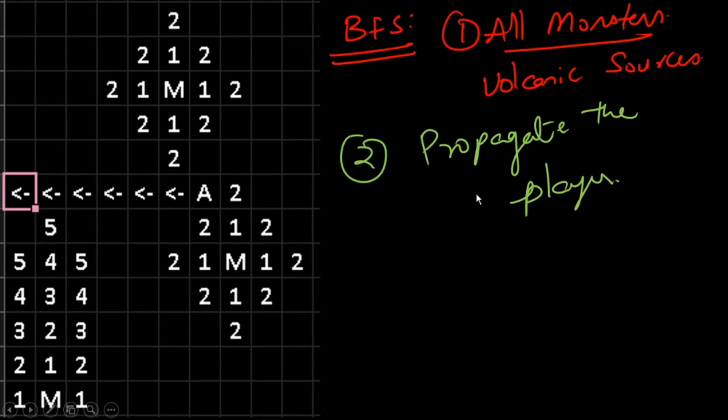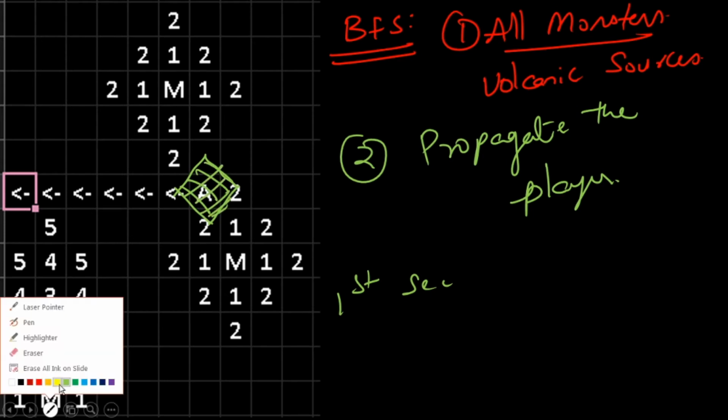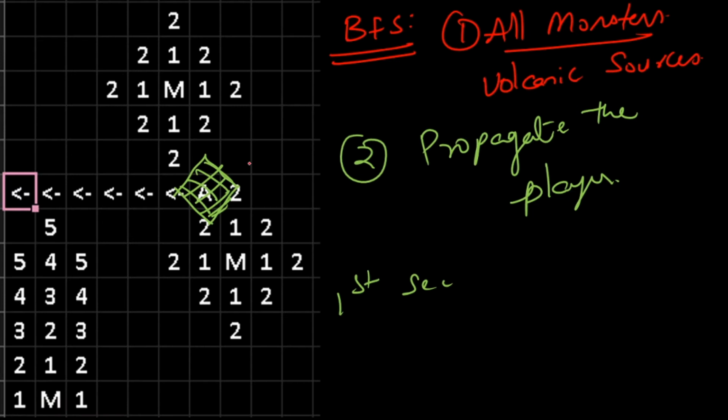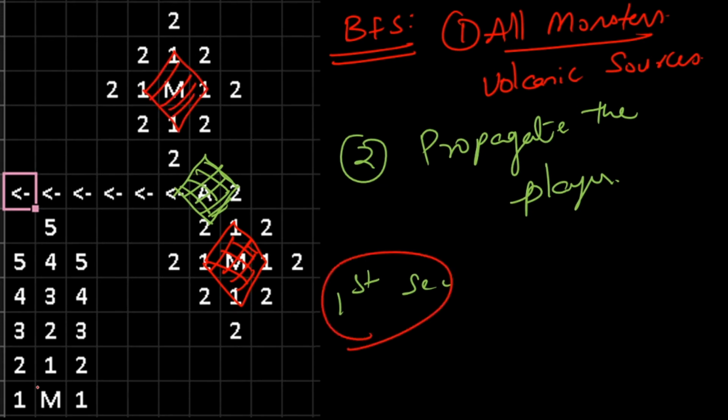Okay, let us see what's going on. So after first second, our player is able to reach all these locations, and M is the volcanic source. It is able to reach all these locations. This is what happens after 1 second.